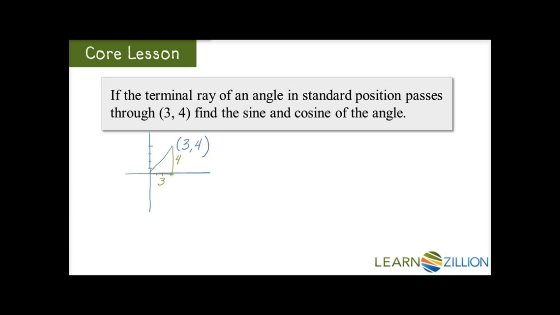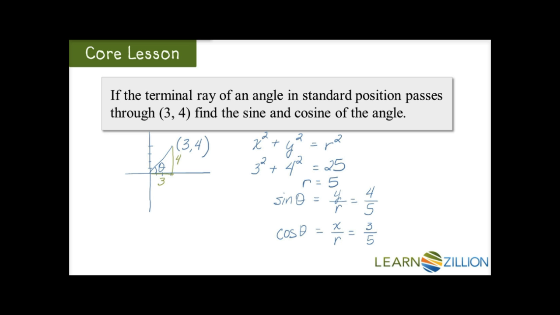You may recognize the 3, 4, 5 Pythagorean triple, but if not, you can find r using the Pythagorean theorem. 3 squared plus 4 squared is r squared, so r is 5. To find the trig ratios that the problem asks for, use y over r for sine and x over r for cosine. The sine is 4/5 and the cosine is 3/5.